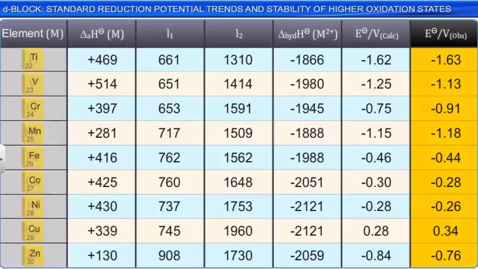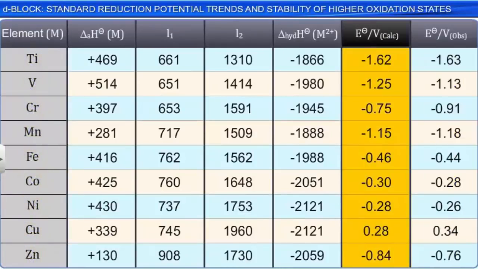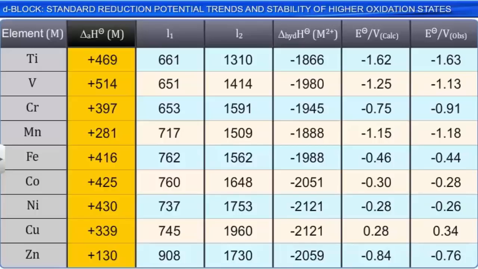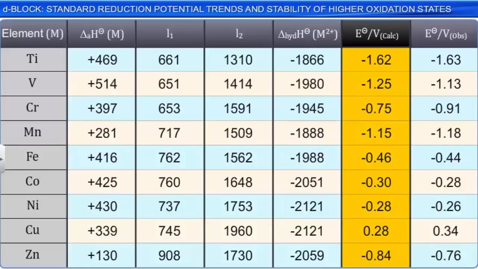The table here shows the observed and calculated values of the standard reduction potentials for the reduction of M2+ ions to their respective metals. It also shows the thermochemical data related to the transformation of the solid metal atoms to M2+ ions in solution. The calculated values of the potentials are those based on the standard enthalpies of formation of the +2 ions in aqueous solution.